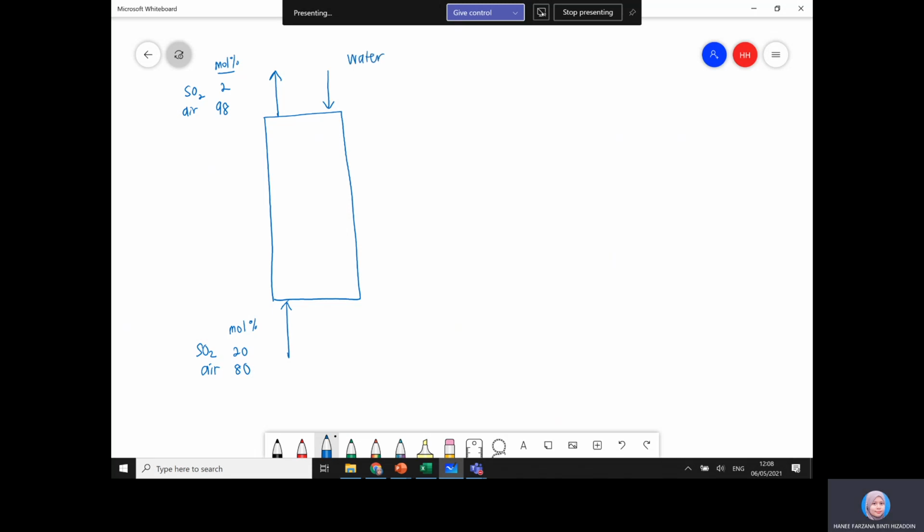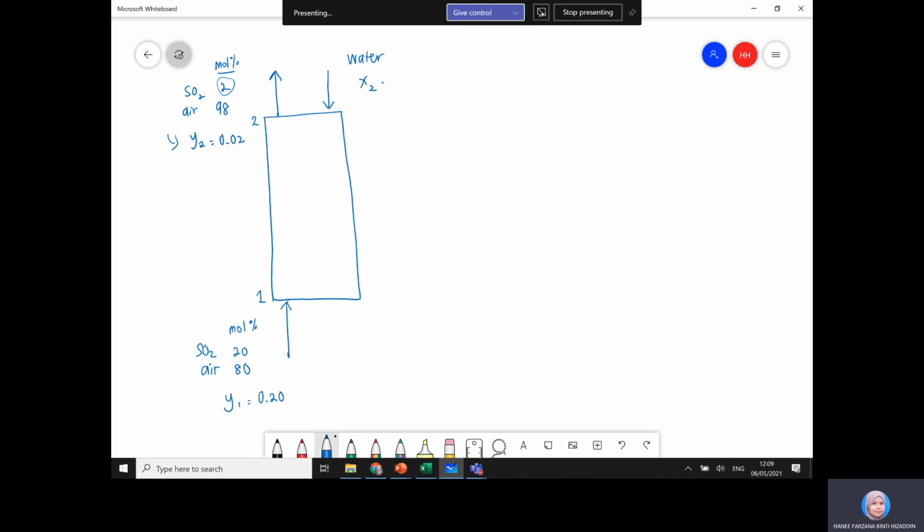So if we were to put this in terms of X and Y, this is Y1, which is 0.2. 1 is at the bottom of the tower and 2 is at the top of the tower. So Y1 is 0.20. Here Y2 is 2%, so 0.02.